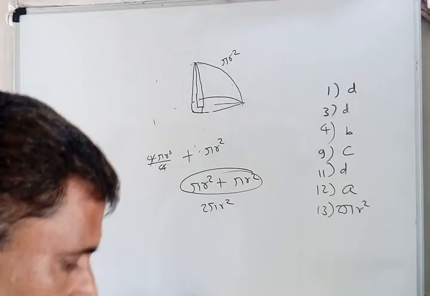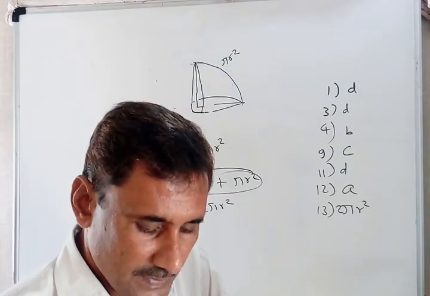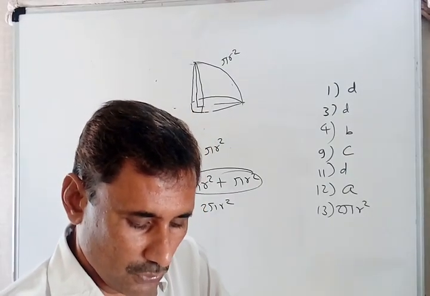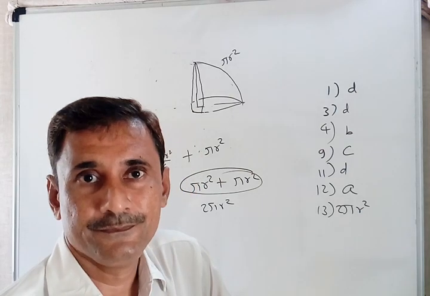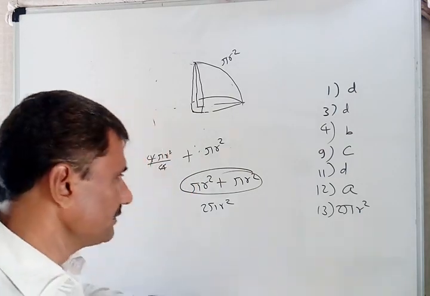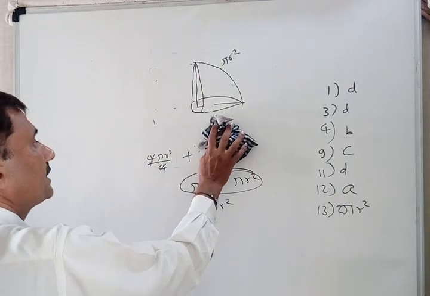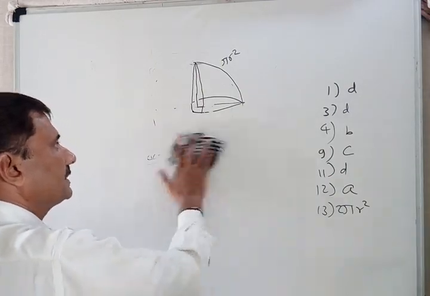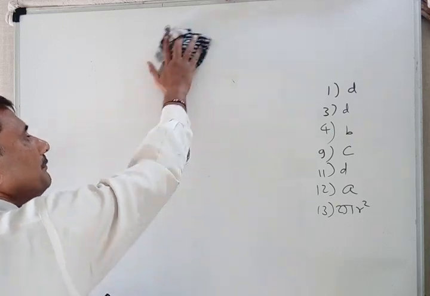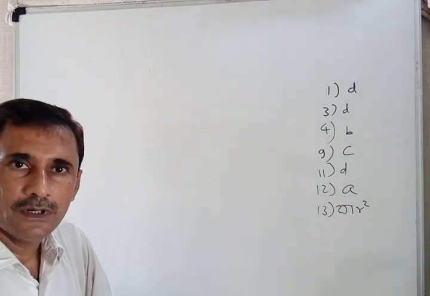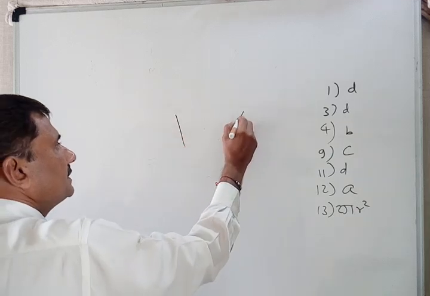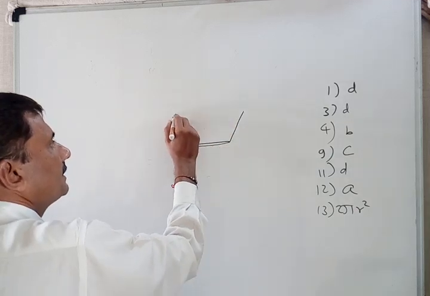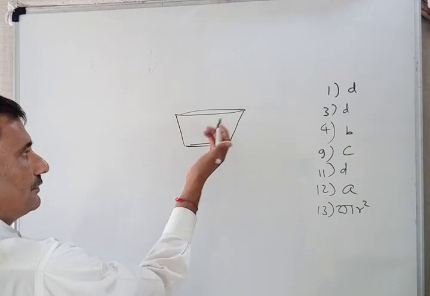Now next one: give the formula to find the surface area of a frustum of a cone which is open from the broad end. We use that formula in finding the material used, like how much material is used in making a bucket. At that time, you cover the bottom part as well as the surrounding part.